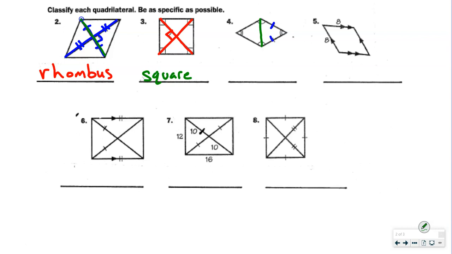So because both pairs of opposite angles are congruent, we know it's at least a parallelogram. So that means my opposite sides are also congruent because they're also parallel. So this side is going to be congruent with that side, and the other side is going to be congruent with its opposite side. So I know all 4 sides are congruent.